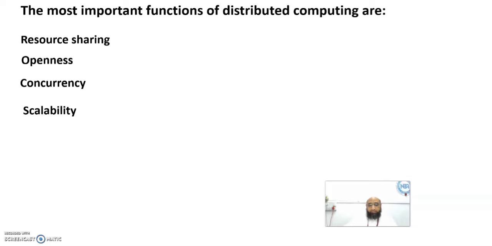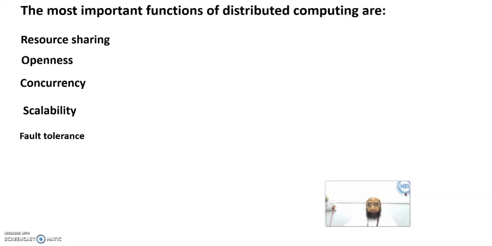Next is scalability. How do the computing and processing capabilities multiply when extended to many machines? Scalability means it can be extended. So when it is extended, obviously we can have more processing capabilities.